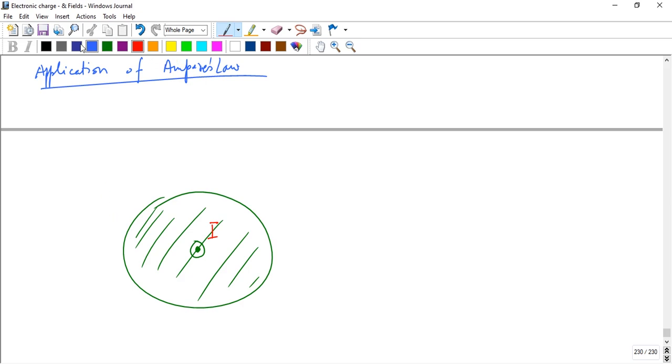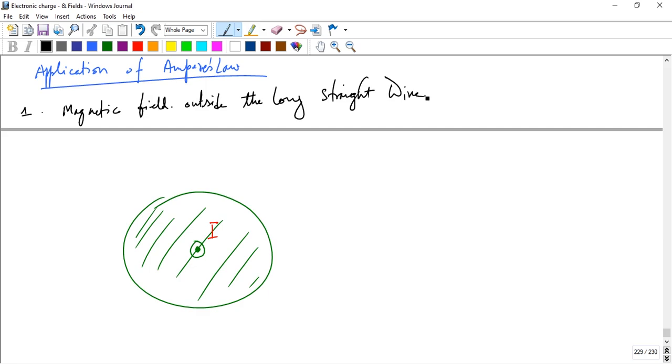First, the magnetic field outside a long straight wire. So we choose the Amperian loop outside of that wire.